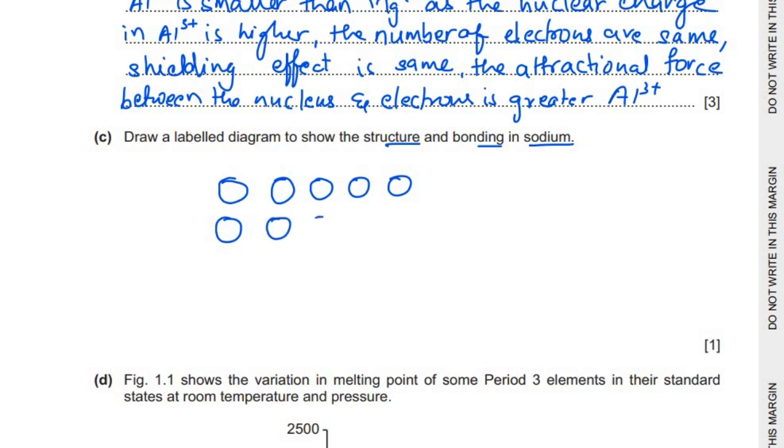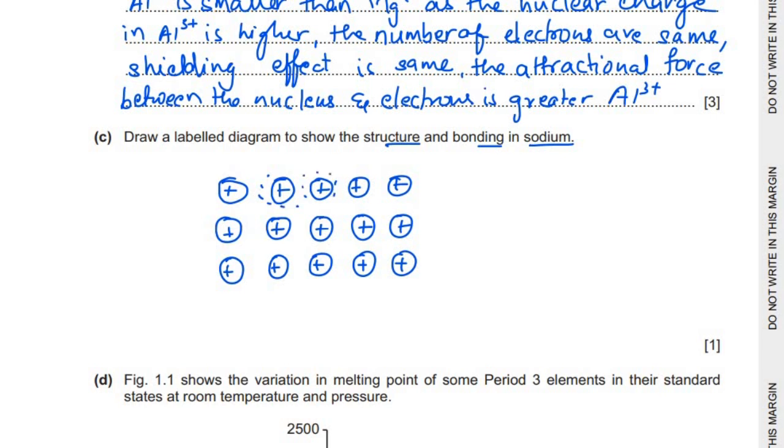The size of the positive ions should be similar, so you can even use a pencil to draw the same size of positive ions. All these are positive ions which I have drawn, and you can see there is a regular lattice structure, meaning the positive ions are arranged in a regular pattern, not an irregular pattern.